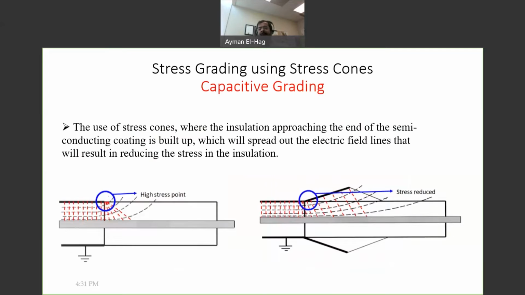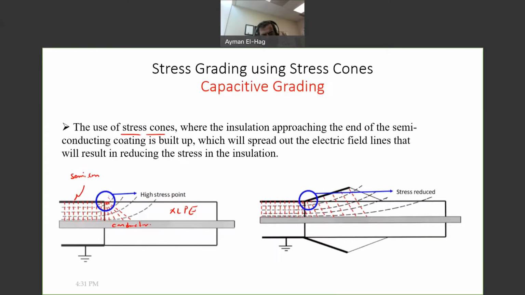So how we do that, I will show you 3 different types of cable termination or stress grading material. The first one is the stress cone. So back here, the black layer is your semicon material. This is your conductor here, and this is your XLPE.